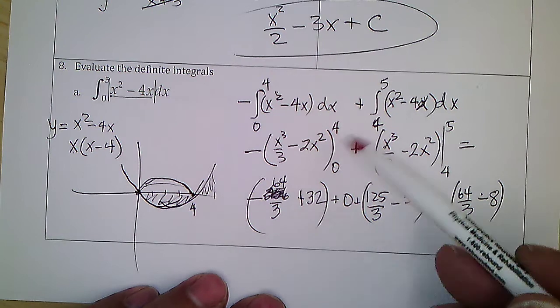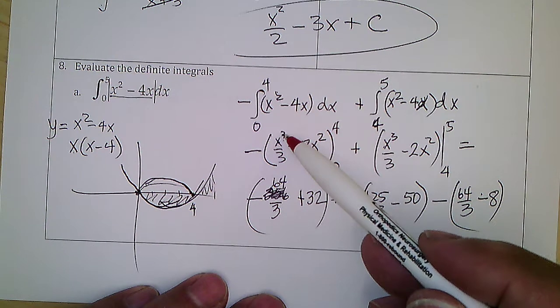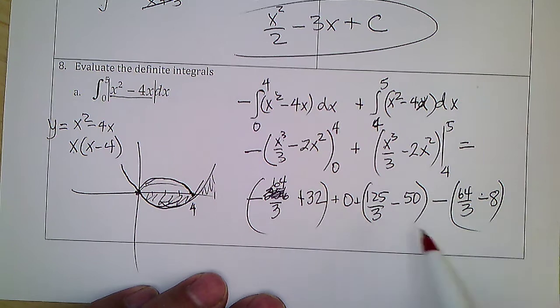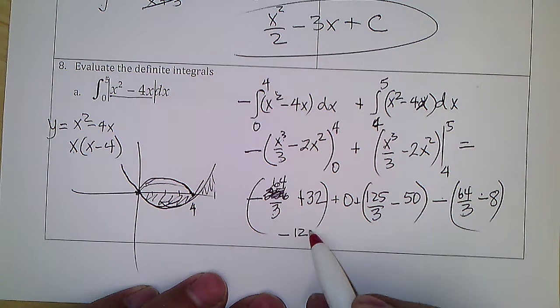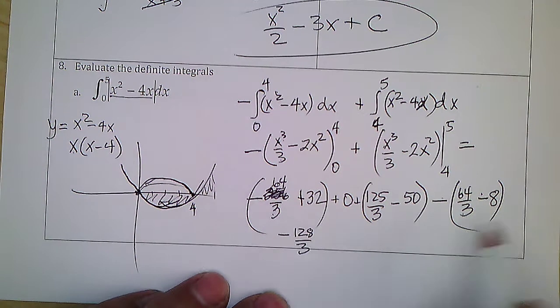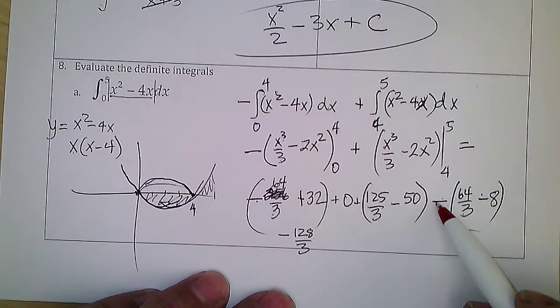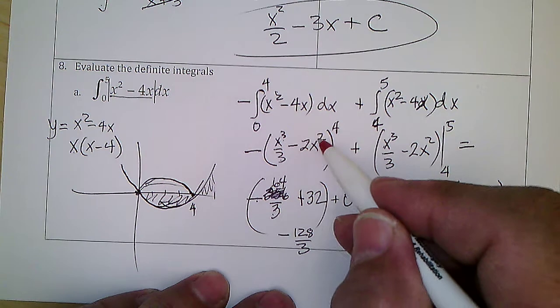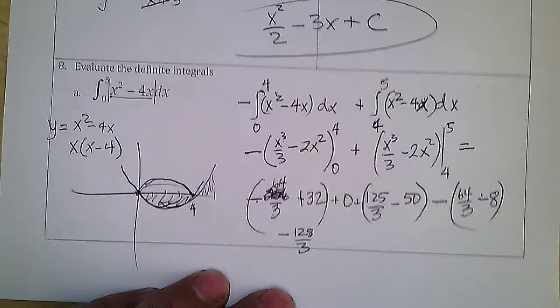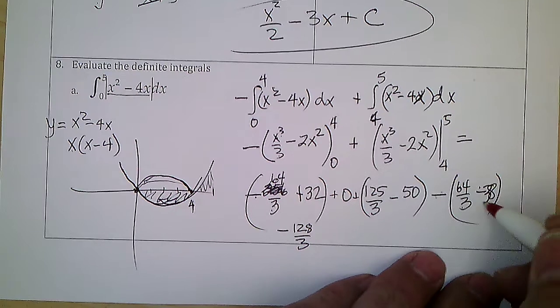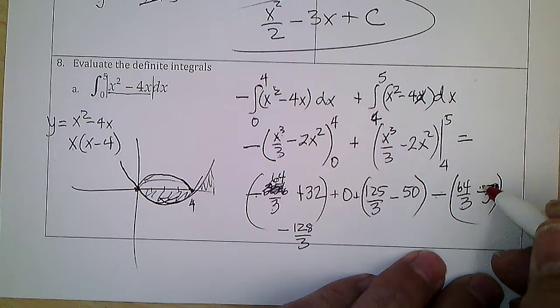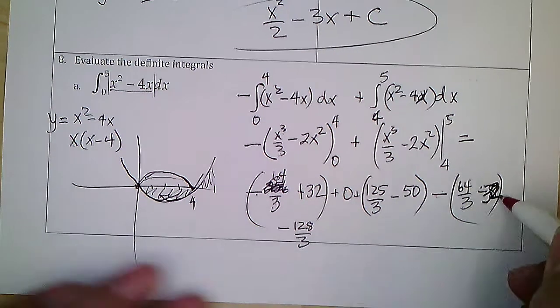Sorry about that mistake. So 4 in here is 64 over 3. So I got minus 64 over 3, minus 64 over 3. That's minus 128 over 3, plus 32. 4 squared is 16 times 2 is 32, yes. 16 times 2 is, this is 32 also. Man, 2 mistakes on this one. I was doing pretty well until I got to here.